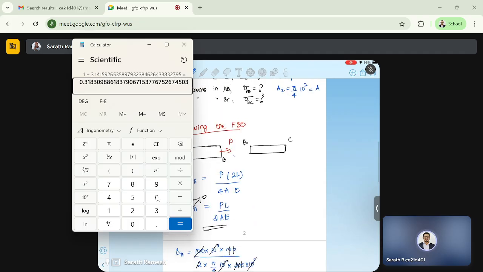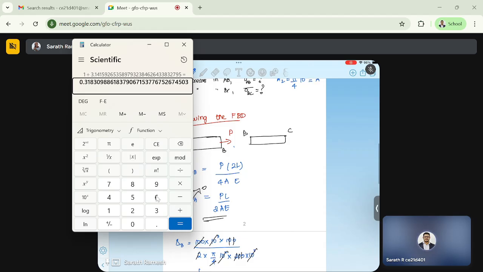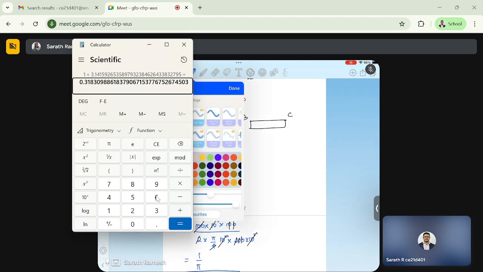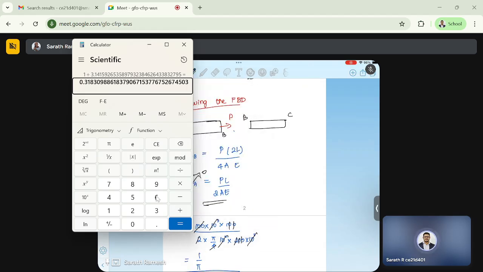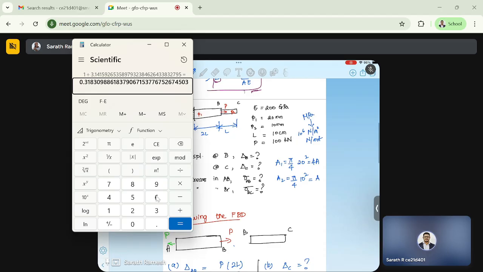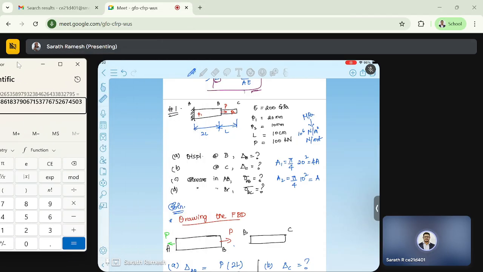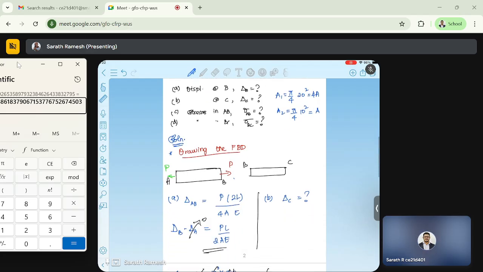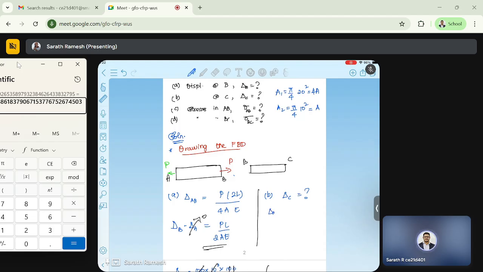Okay, first part, first subdivision is done. Now, second subdivision, delta C. How to calculate delta C? We have to check for compatibility here. Delta BC we could have written as delta C minus delta B, right?